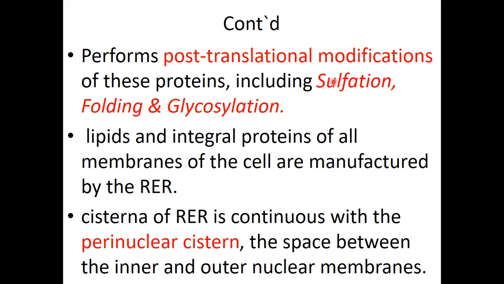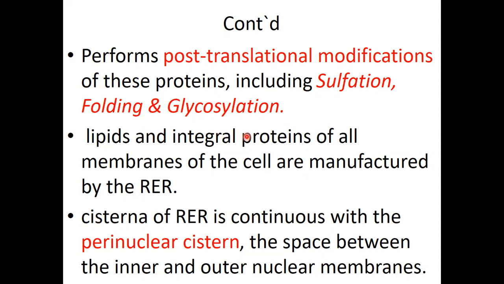So the moment you add sulfur, the property of that protein changes and its function changes. Same with a folded protein and a glycosylated protein. And out of that, now you're going to have different types of proteins. For example, some are enzymes, some are hormones, just by addition of these various chemicals to them. Okay.